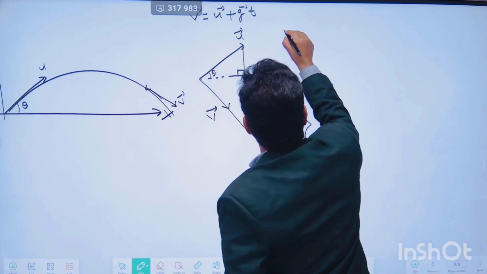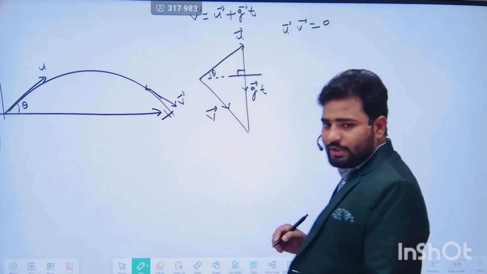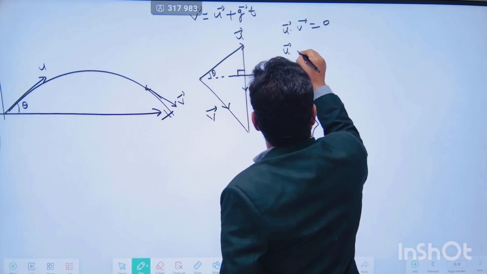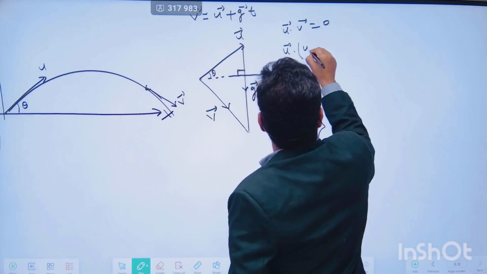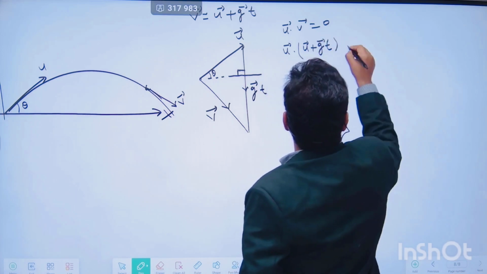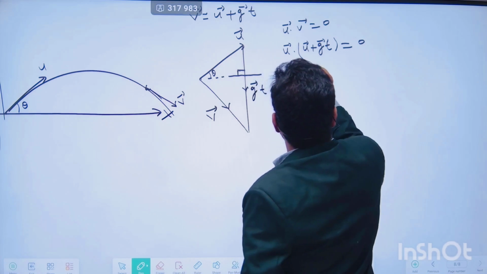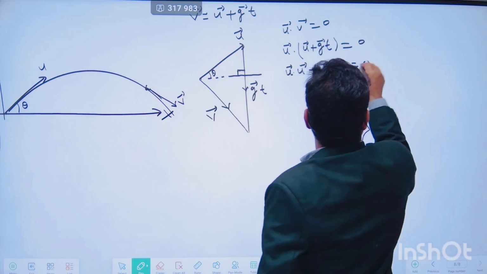So we can write here u dot v must be 0. Here u is the initial velocity, and v is equal to u vector plus g vector into t, that is equal to 0. So taking the dot product, u dot u plus u dot g into t, that is equal to 0.